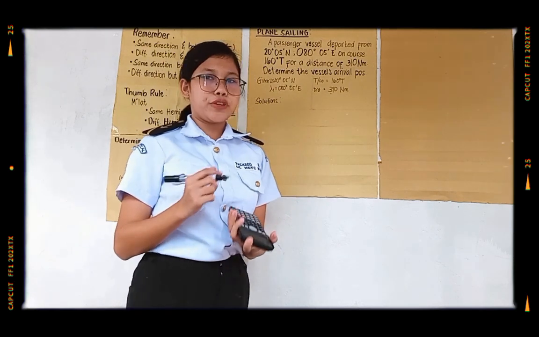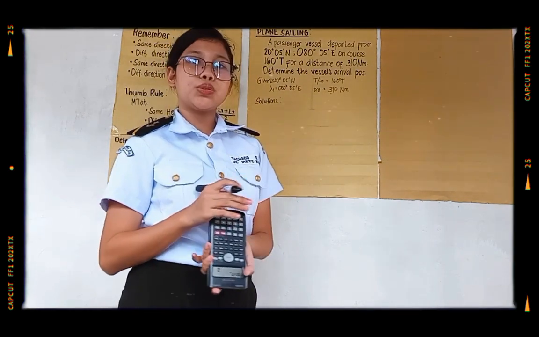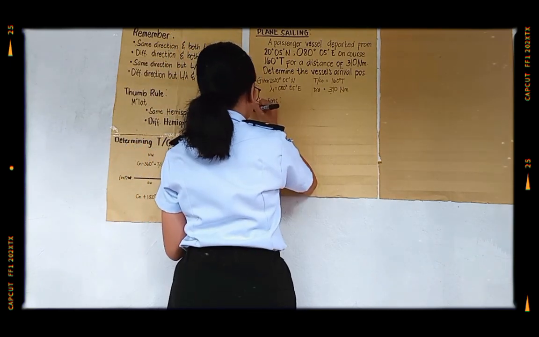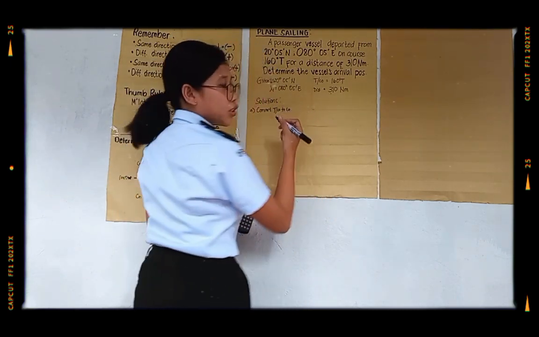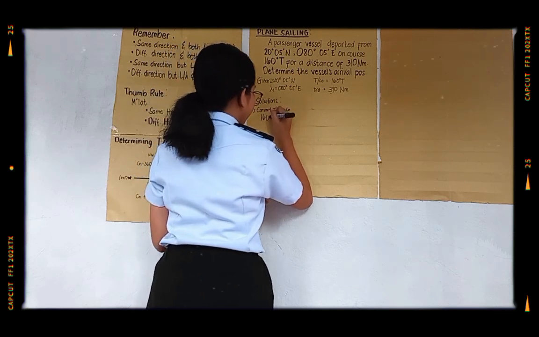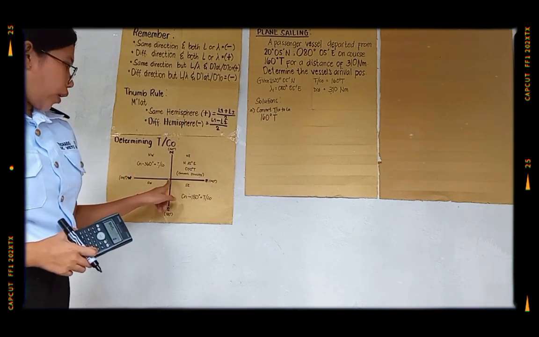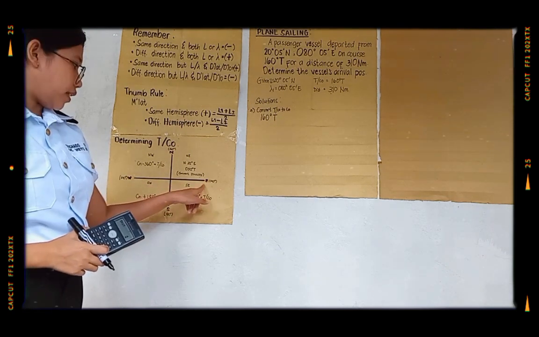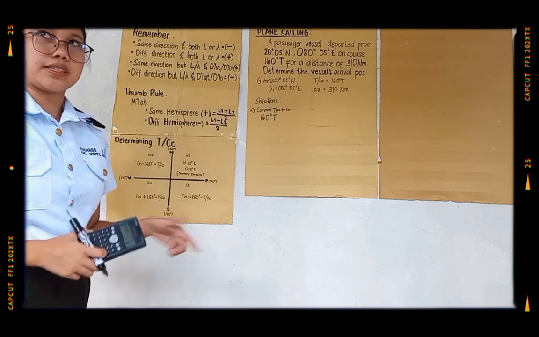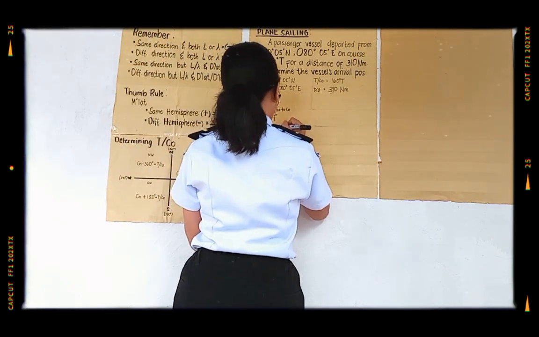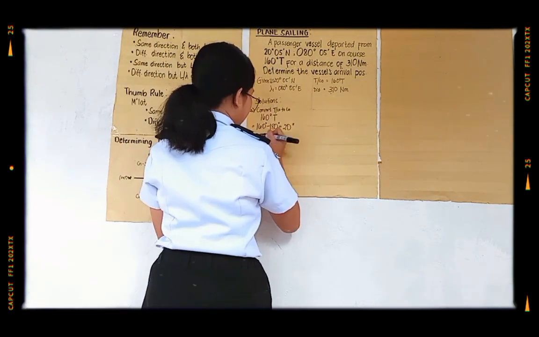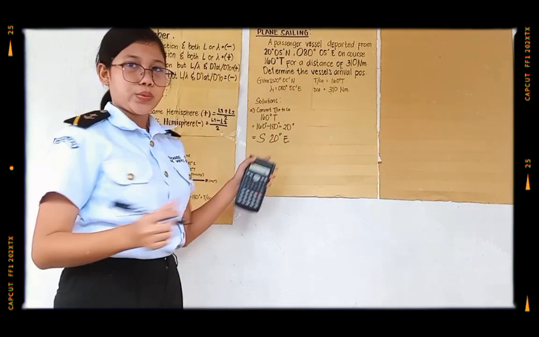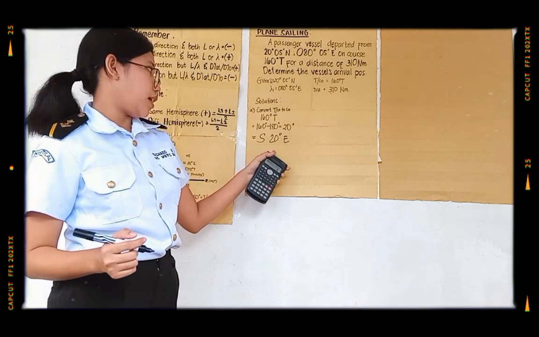Let's first convert the true course to course angle. So 160. Let's find where 160 belongs here. So south to east, 180 degrees minus 160, 20 degrees. So we now have the course angle.